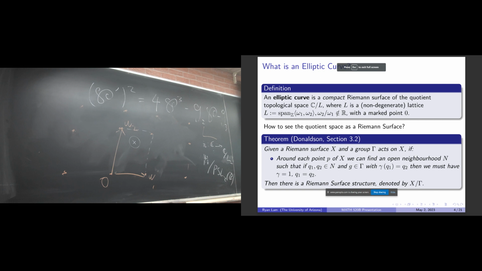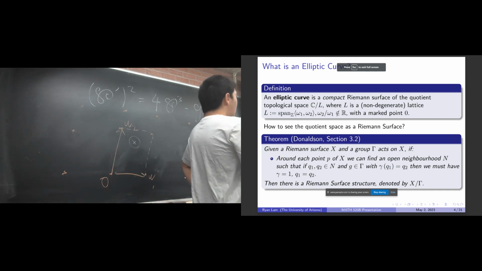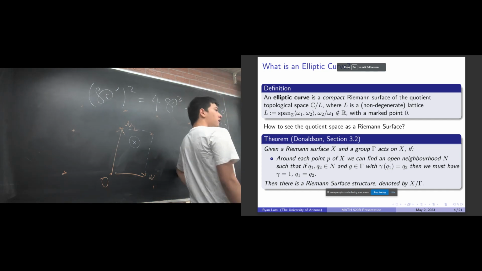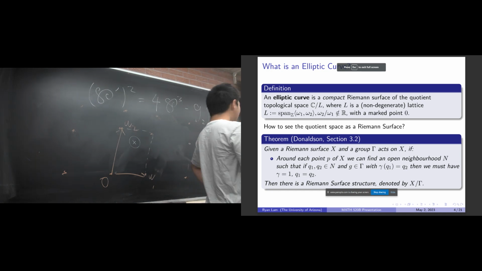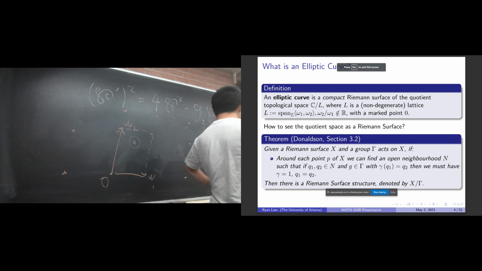I think this just says that if you have a Riemann surface and a group that acts properly discontinuously, then the quotient is also a Riemann surface. It doesn't matter whether it is finite or not. That's true pretty much for any structure, but in most cases you deal with a subgroup like this.